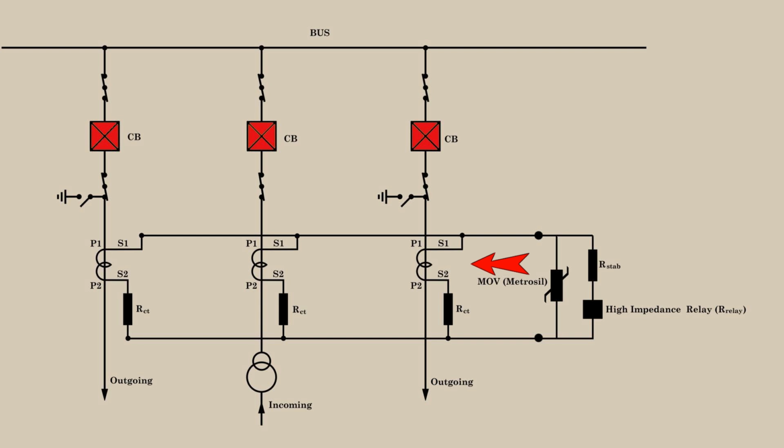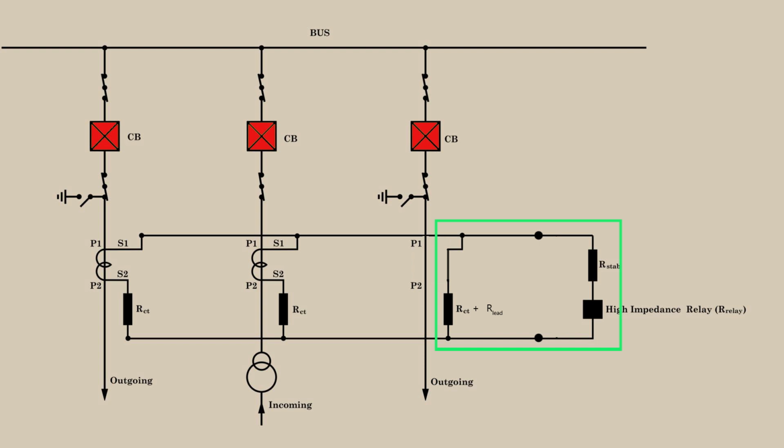Suppose the CT gets saturated completely. Then, the magnetizing reactance of the CT secondary winding will no longer be present, and this portion may behave as a short circuit. If we consider this loop, the reactance of the CT coil and the reactance of the relay coil both are very low and can be neglected.